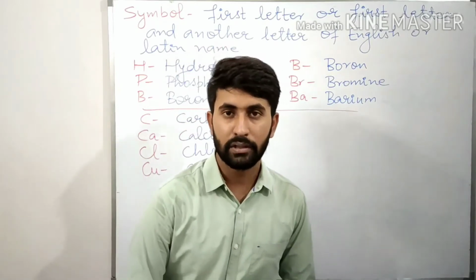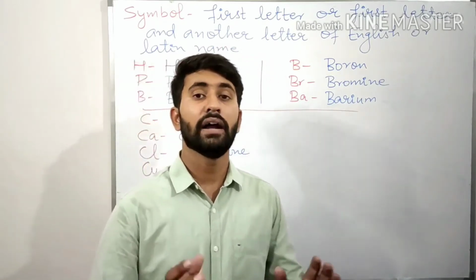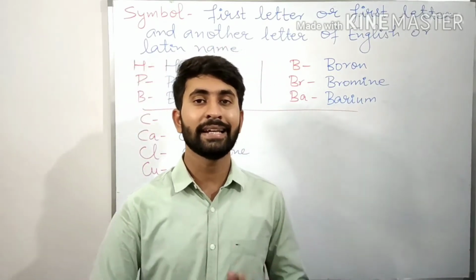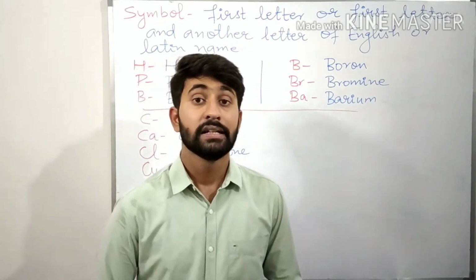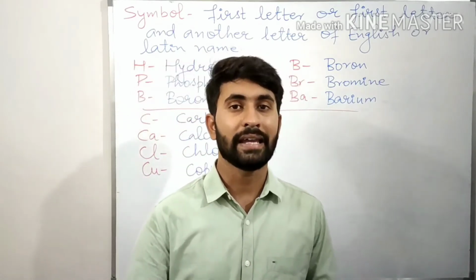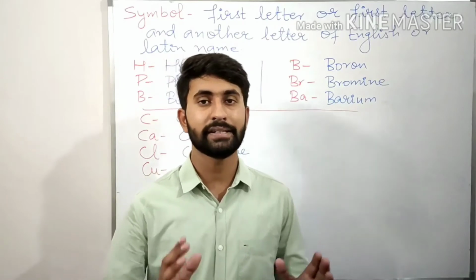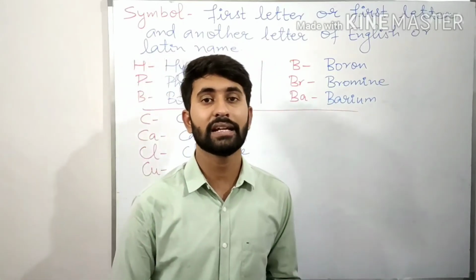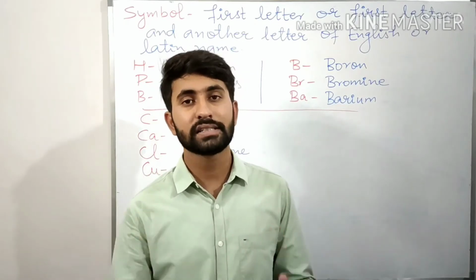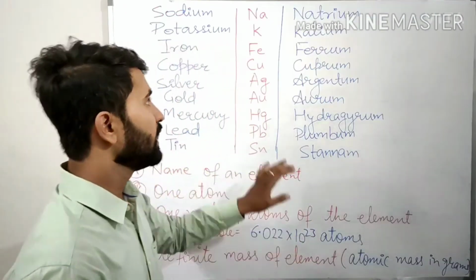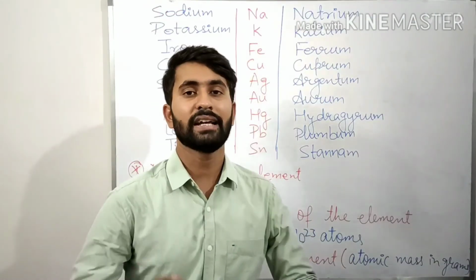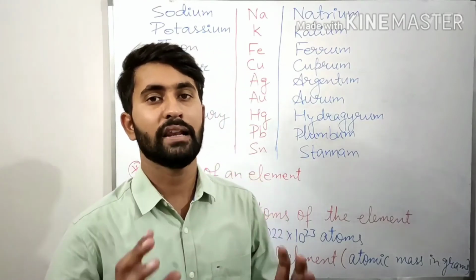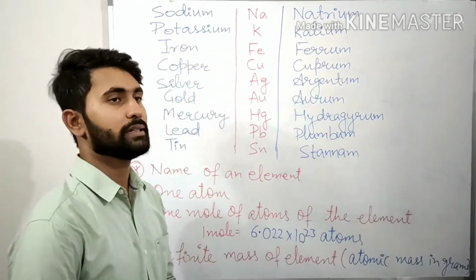Some of the symbols of the elements are derived from the Latin names of the elements. Since we use the English names of the elements in our everyday life, sometimes we get confused about their symbols. So these are the symbols that have been derived from the Latin names of some elements.